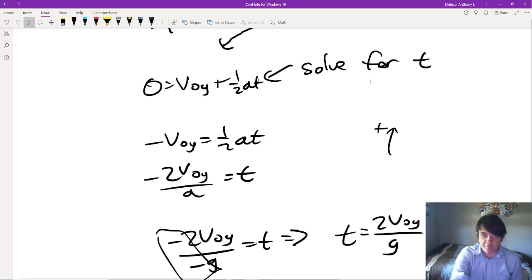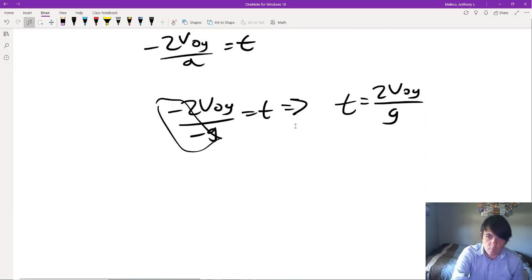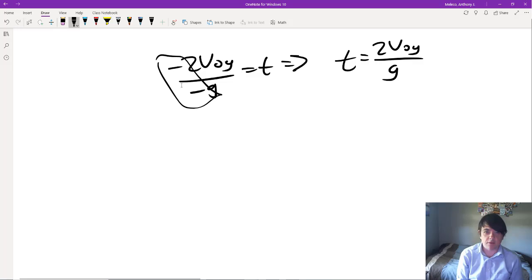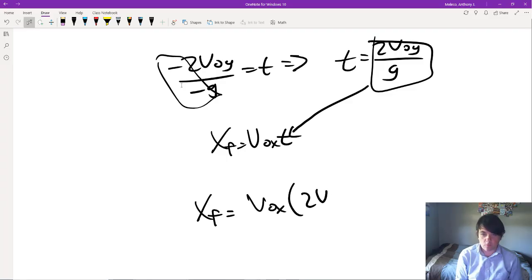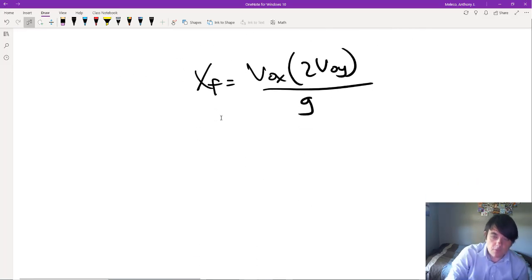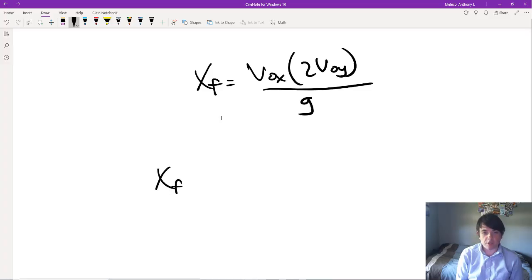And so now that we have that, and you remember this equation, x final equals v naught x times time, we can take this and slot that in. So x final equals v naught x times 2 v naught y over g. So now we're getting closer to our final equation. We have x final equals 2 v naught x v naught y over g.